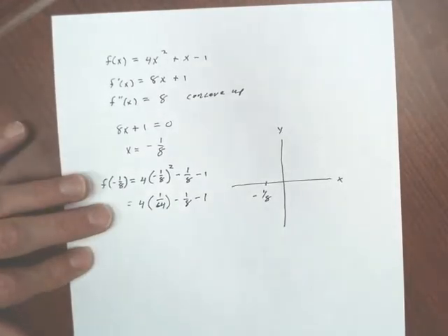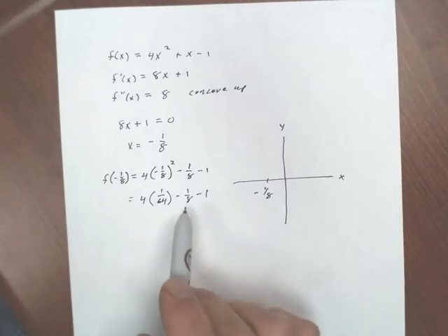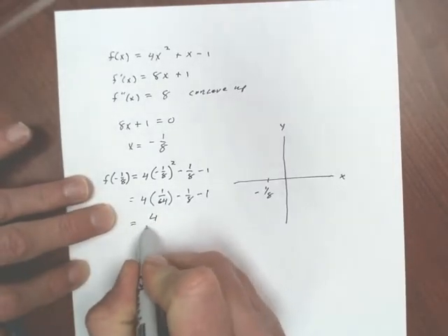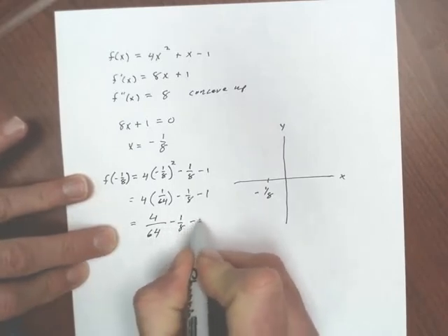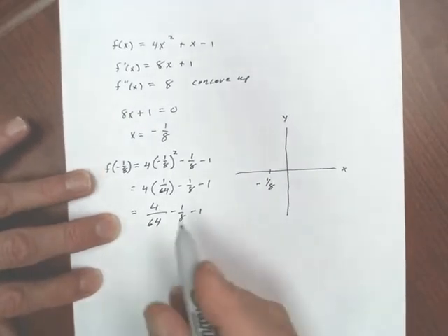This gives us 4/64. Now, let's see. 4 divided by 64 is 0.0625. But let's go ahead and work this out in fractions first. So that gives us 4 over 64 minus 1/8 minus 1.